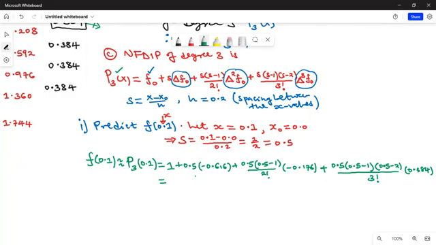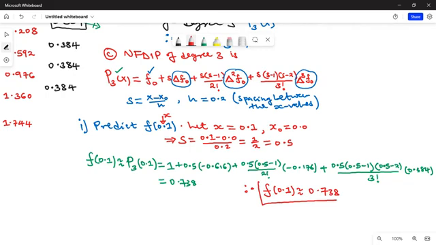Remember, 2 factorial is 2, and 3 factorial is 6. When you press that, you get the value to be 0.738. So therefore f of 0.1 is approximately equal to 0.738.